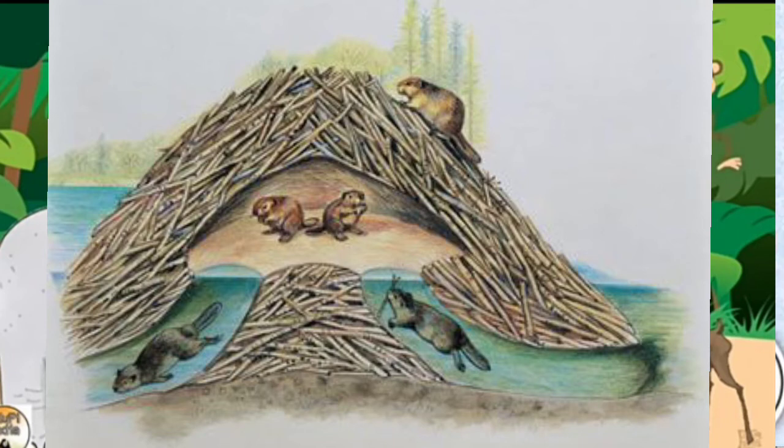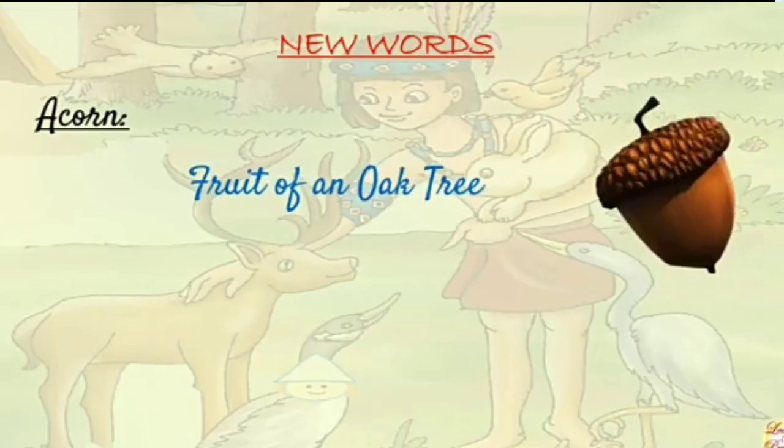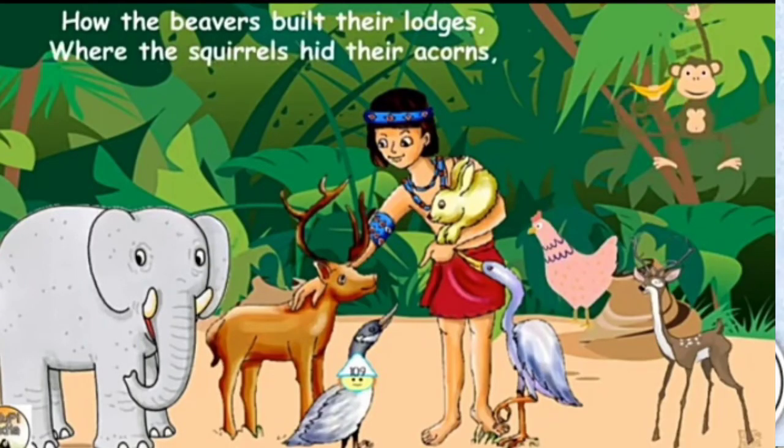Where the squirrels hid their acorns. Acorns means fruit of oak tree. It is the favorite food of squirrel. So where are these squirrels hiding their acorns?